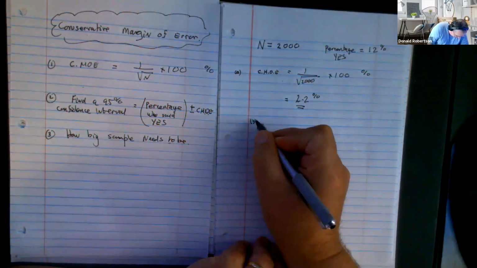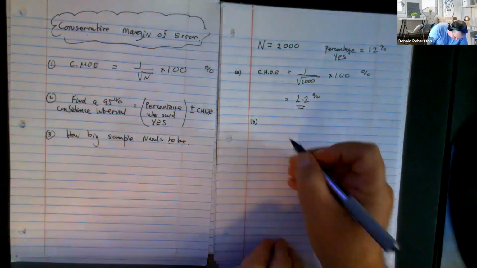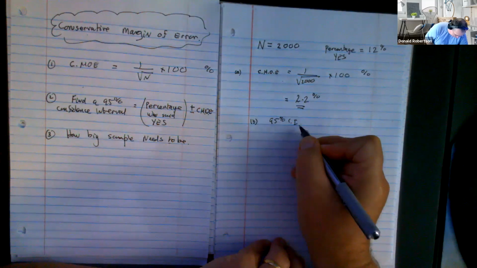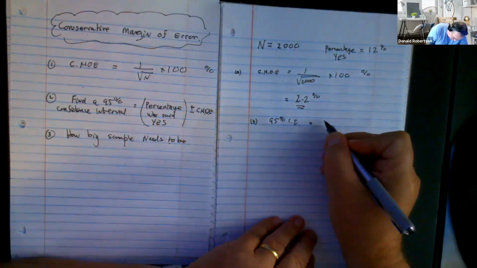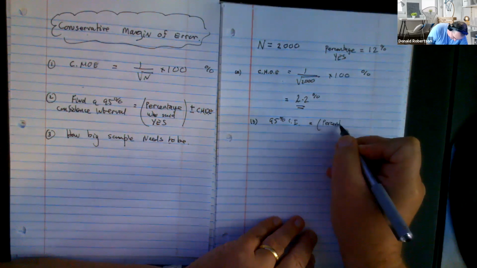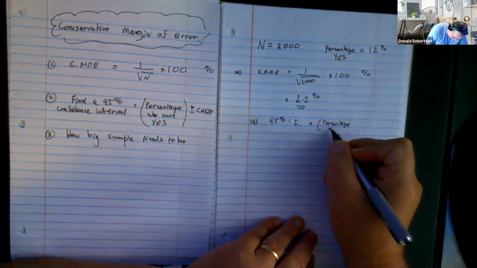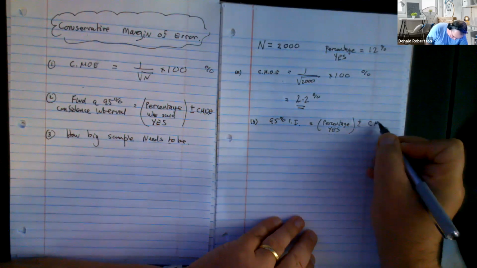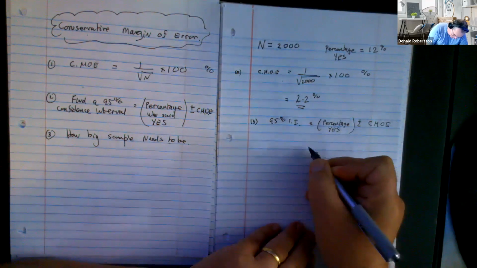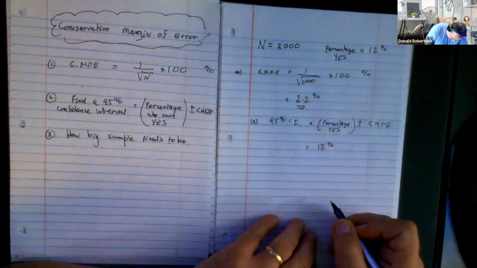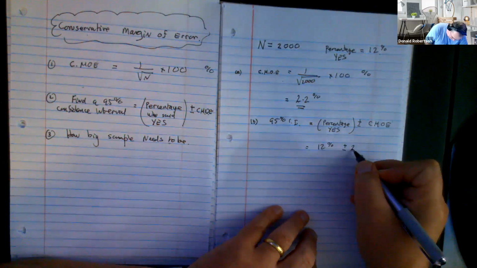Let's now do part B and find a 95% confidence interval, CI for short. It's going to be the percentage who said yes, plus or minus the conservative margin of error. In this story, 12% of the people we asked in our sample, and the margin of error is 2.2%.